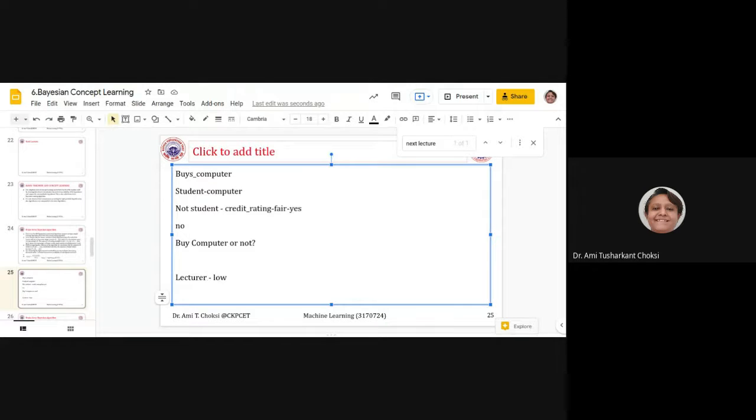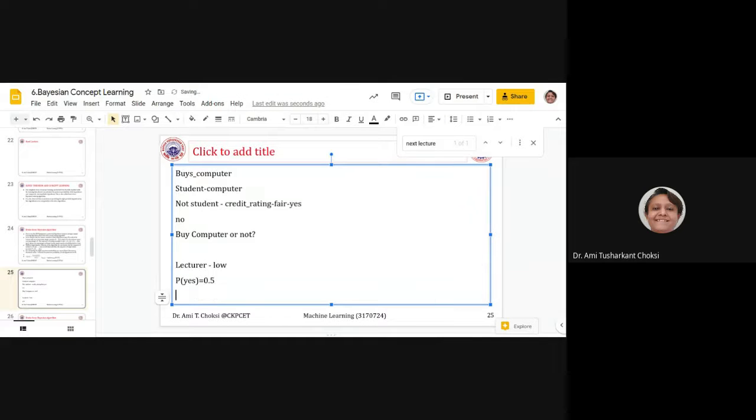Based on this, we would like to find the probability of Buys computer. Yes, then what is the probability? Buys computer is equal to no, then what is the probability? And after that, whichever is maximum from both, that will be the real result, right? So let me say that for Buys computer is equal to yes, the probability is, say, 0.5.